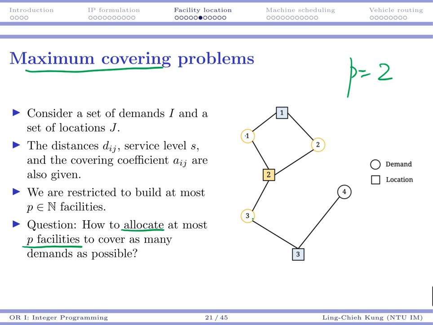When P is 2, you are allowed to build 2 facilities. So building facilities at locations 1 and 3 is optimal. 2 and 3 is also optimal. In that case, it doesn't really matter whether you build at 1 and 3 or 2 and 3, because you would cover the same number of demands, which means 4.